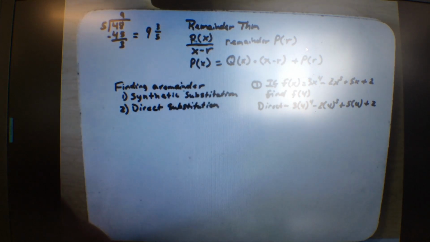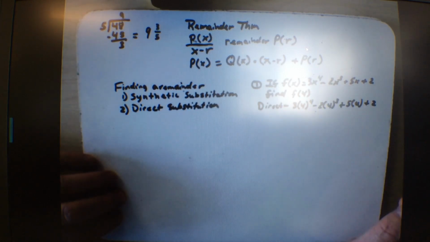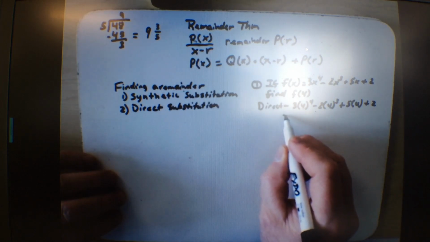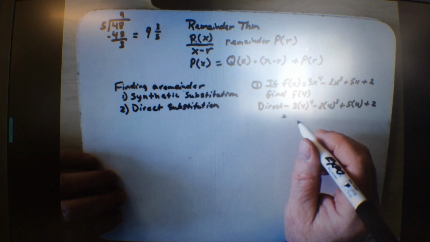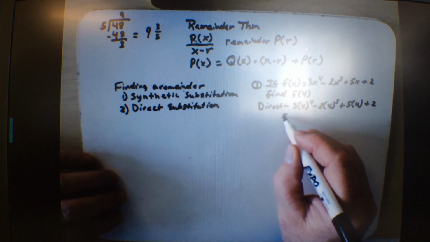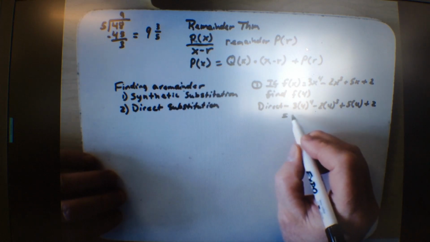No, I'm not doing synthetic substitution yet. I'm doing direct substitution. So I just put 4 in for all the x's. Remember doing that, Harper? Yeah. So I get 4 to the 4th power is what? It's what? 256 times 3 is what? Help me out. I don't have a calculator. 768?